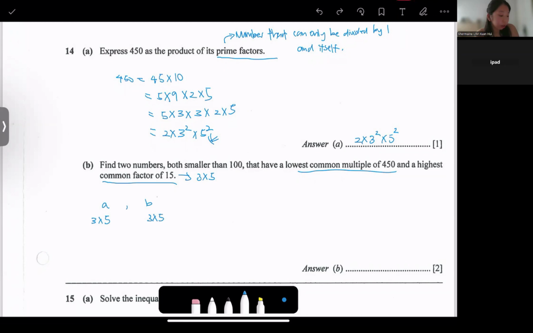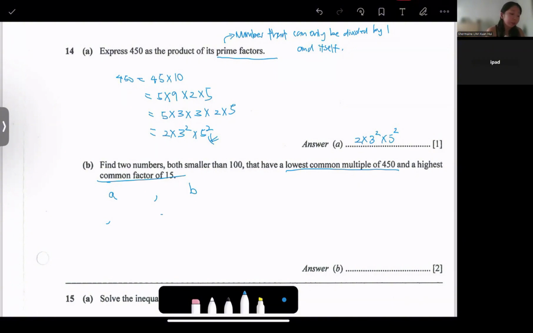So both smaller than 100, lowest common multiple of 150 and highest common factor of 15. So assuming that these numbers are A and B respectively, we give them a name, so it's easier for us to refer to.